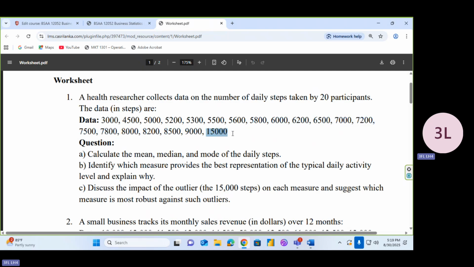The previous one is 9,000, so the gap is 6,000. Then we can say 15,000 is the outlier, the extreme point. What happened to the sum of the observation values? It becomes large. Then average it, and the mean value is also high.